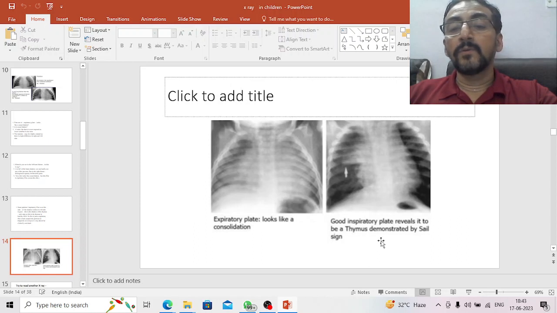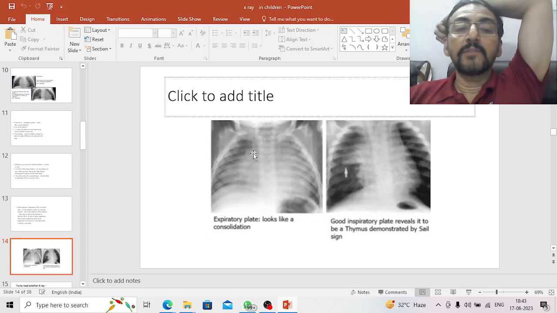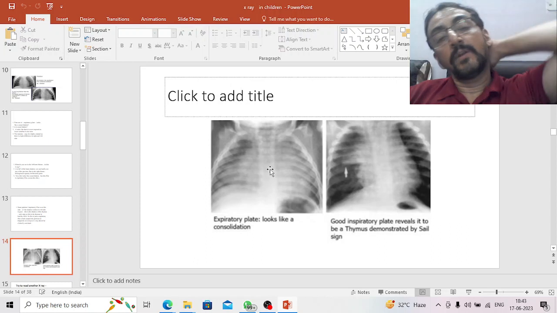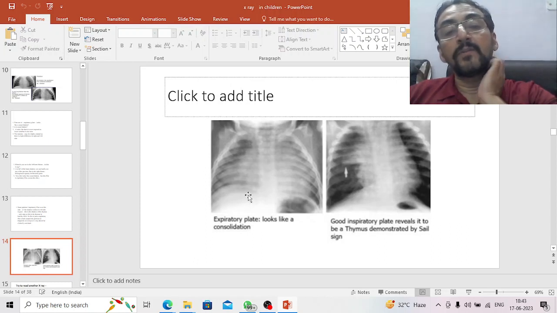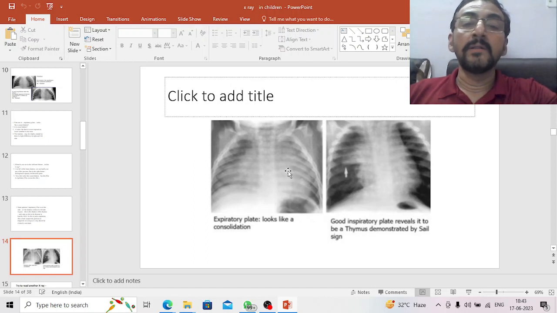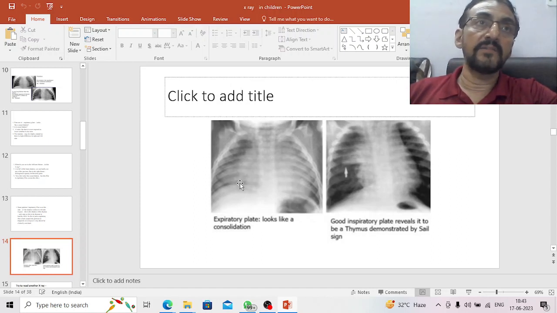So this is an expiratory plate actually, because it is underexposed, and also the rotation is not proper, so therefore it looks like a consolidation. Because of the rotation problem, the hard shadow has been shifted to the right side, therefore it looks like a whitish patch.